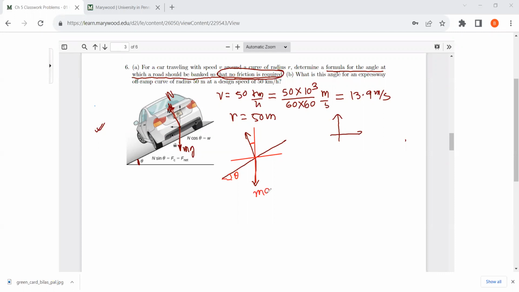So here this is mg, this is the normal force, and this is theta.